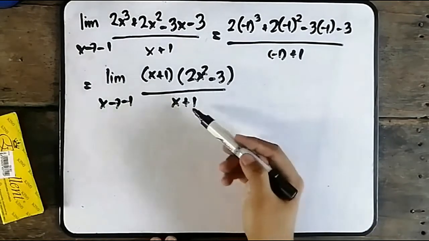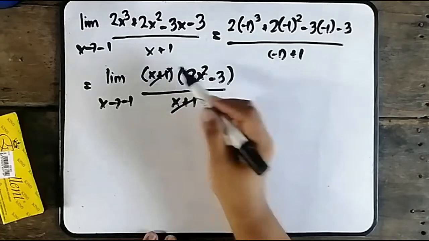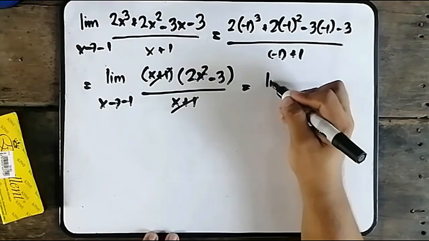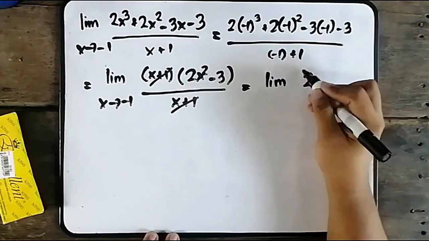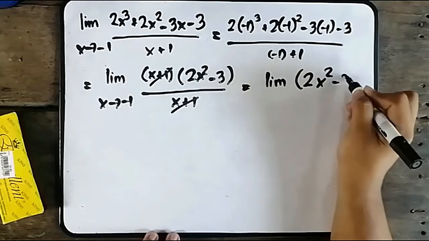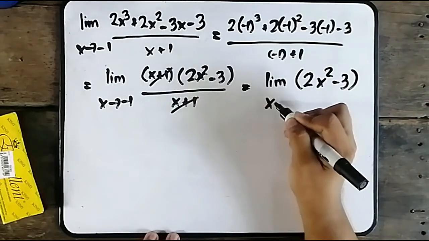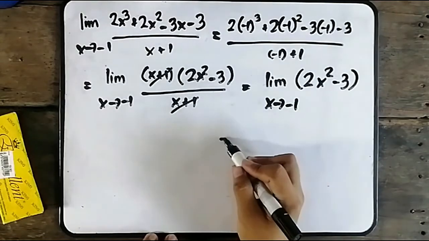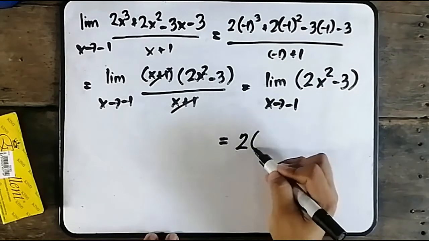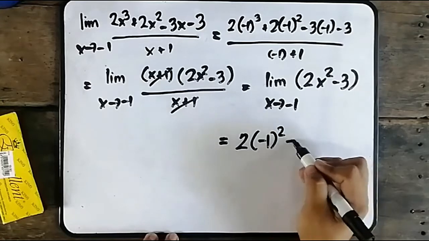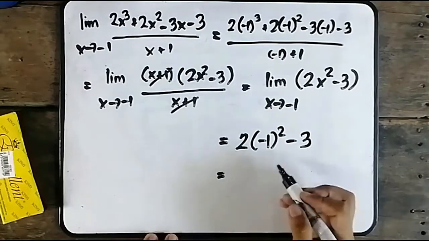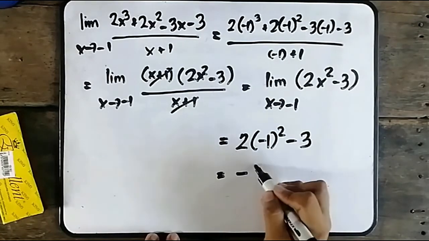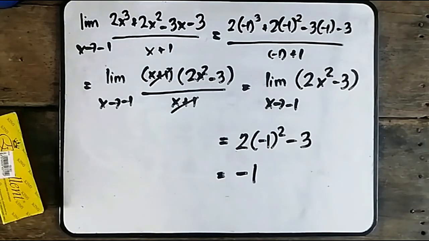Then we now have common factor, so pwede nating tanggalin yan. May iwan na lang si limit of 2x squared minus 3 as x approaches negative 1. So pwede na tayong mag-direct substitution. That is now 2 times negative 1 squared minus 3, or that is equal to negative 1.